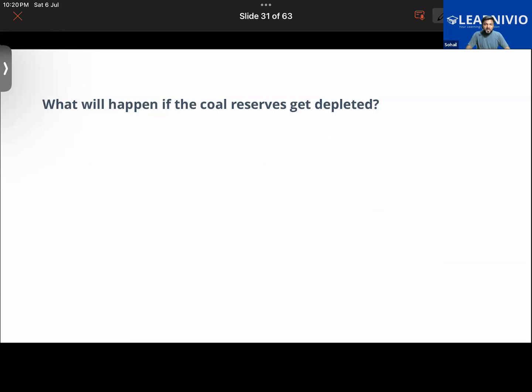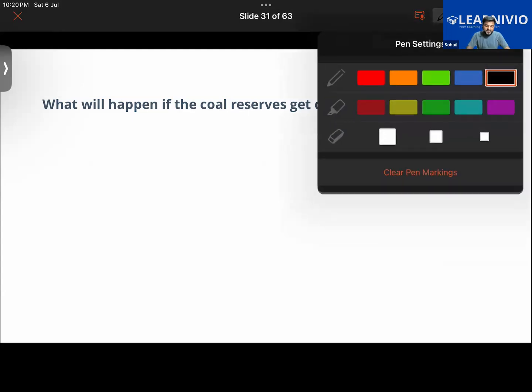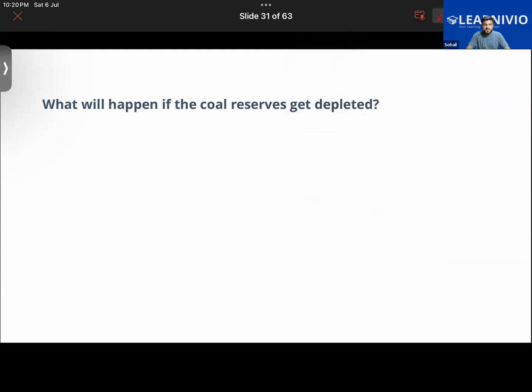Now I have one question for all of you. What will happen if all the coal reserves were to get depleted from Earth? What would happen? If coal and petroleum, for example, talking about coal reserves, what would happen if they were depleted?